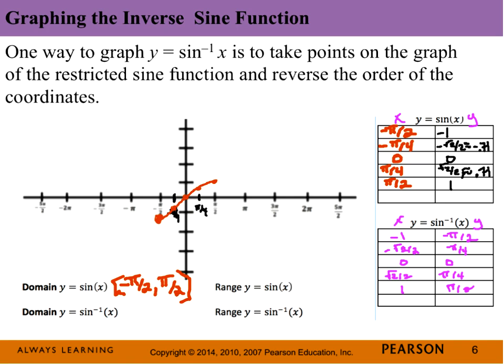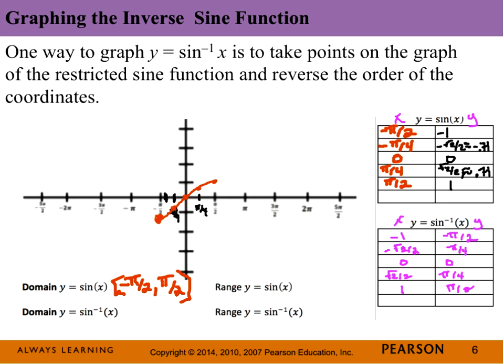Well, we know that 1 on our x-axis, because we need to have a 1 and a negative 1 in there somewhere, lives about right here. It's not quite pi over 2.